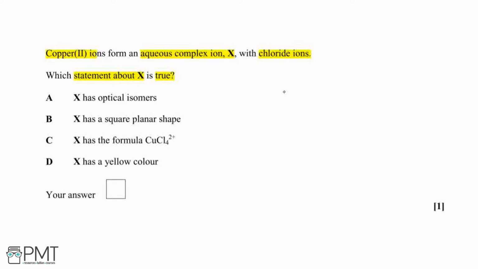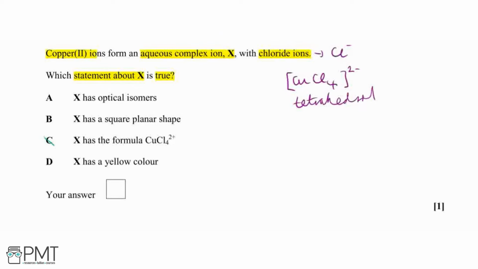So overall, if we've got a copper-2+, and then we've got 4 chloride ions, we know that chloride ions have got a charge of -1 each. Therefore, our overall charge is going to be a 2-. So this eliminates option C from our table. And then, as I mentioned, you need to learn that this is actually a tetrahedral shape for this complex.